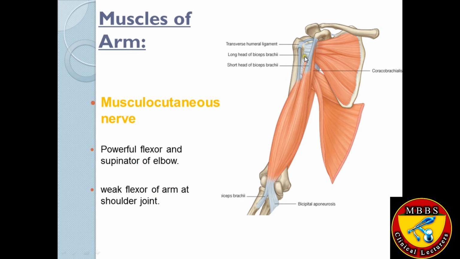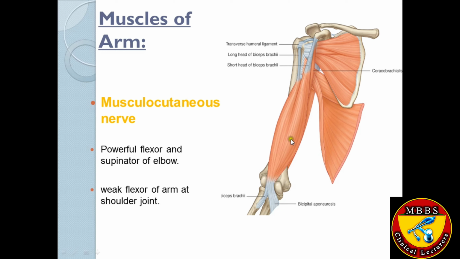Now the origin remains constant and the insertion is going to move. So when this muscle contracts, it is going to flex the arm at the elbow joint.